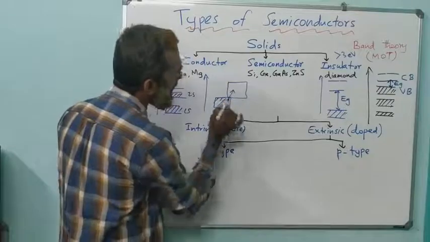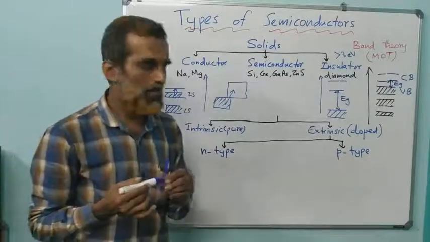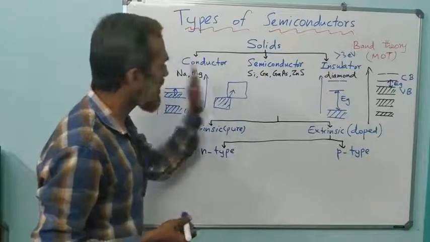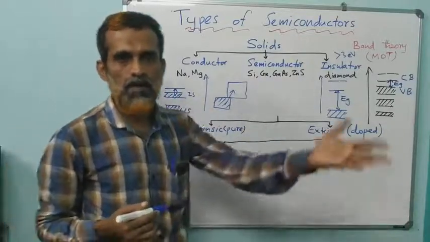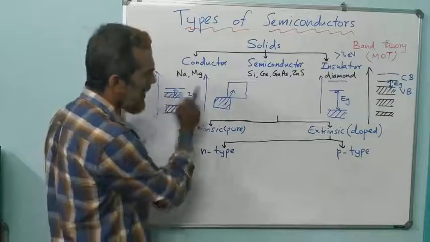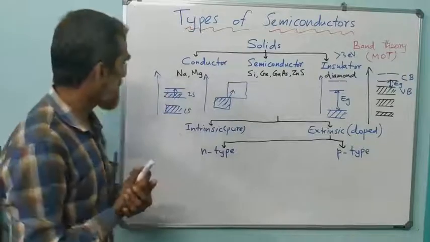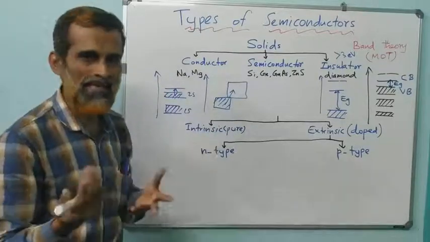Electrons can move here, so conduction is possible. This is how conductors, having either a partially filled band or overlapping bands, lead to conduction. Examples are sodium, magnesium, lithium, tin, lead, etc.